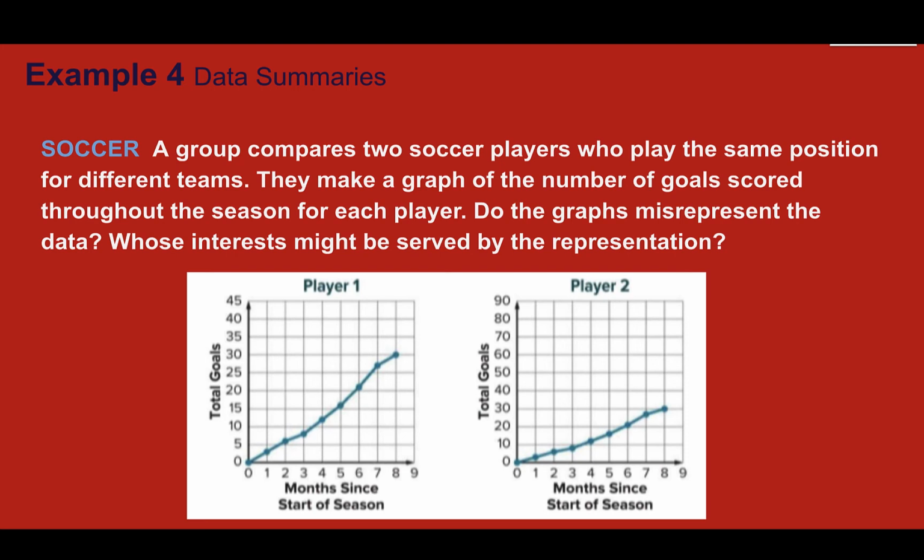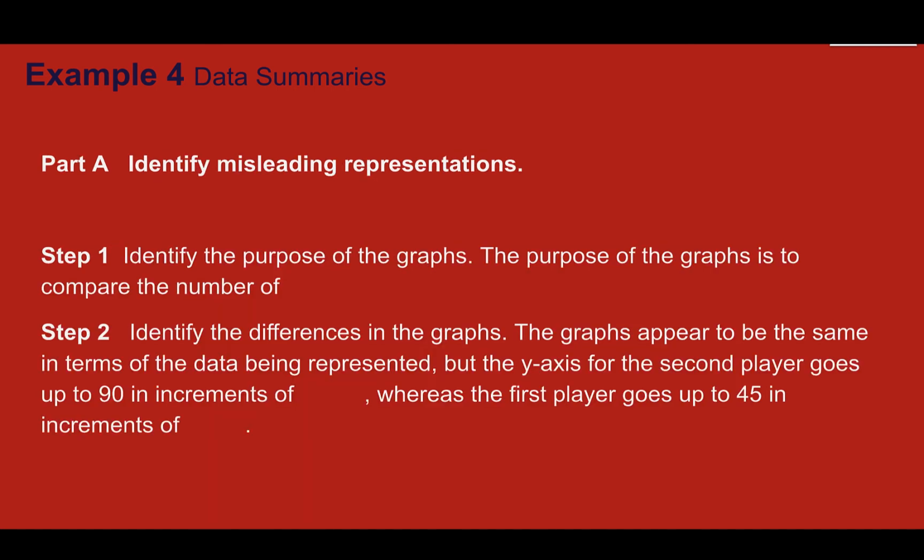So we have player 1 here. If we look, they have their goal scoring going up. And player 2, we have another line showing their goals going up. We will keep jumping back to these graphs as we look through what we need to find out. So first, we're going to identify misleading representations.